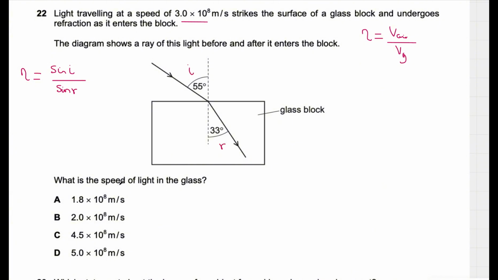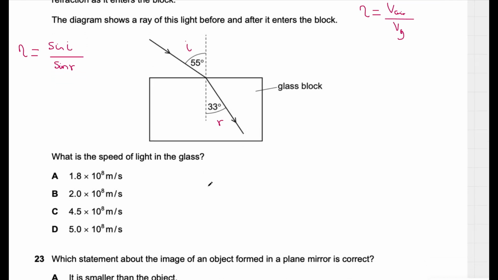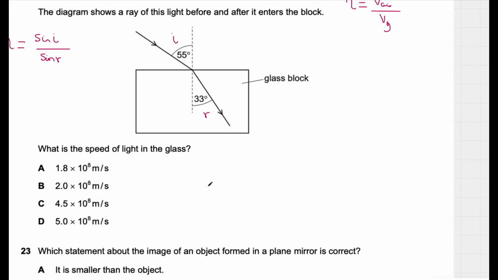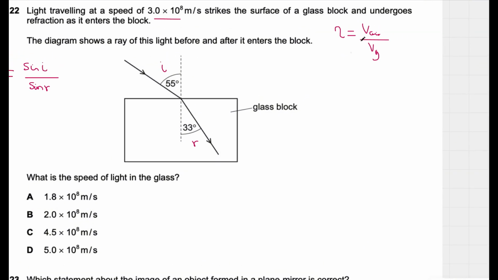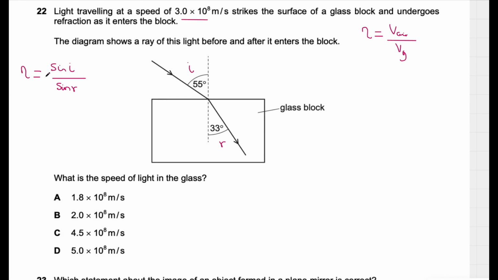Now, what is the speed of light in the glass? The first thing we're going to do is find the refractive index, and then we'll use it to calculate the speed of light in the glass. We use this formula first. Sine I, which is sine 55, over sine 33.